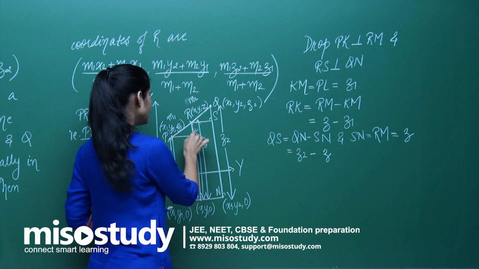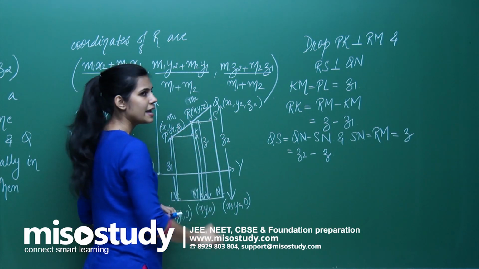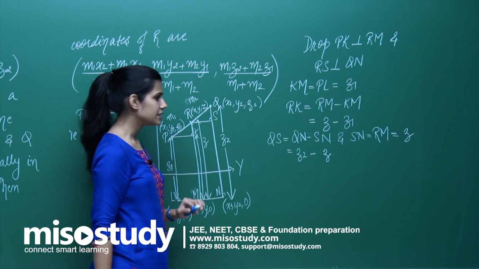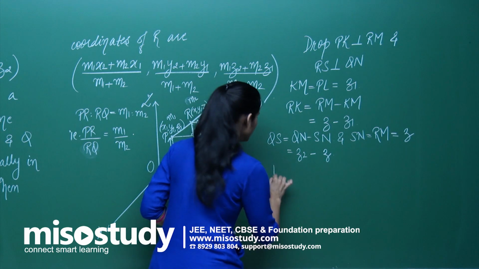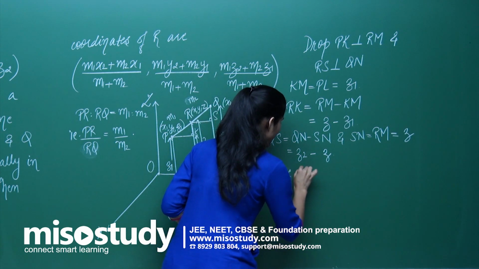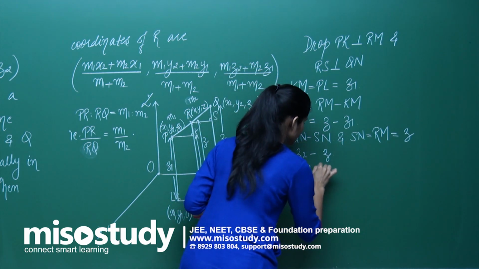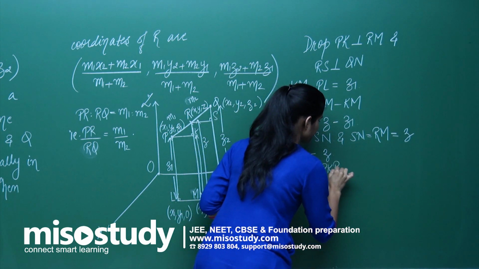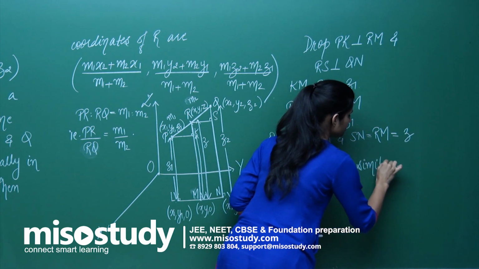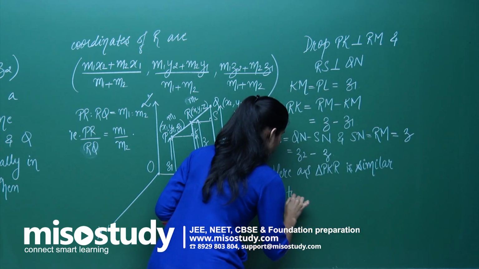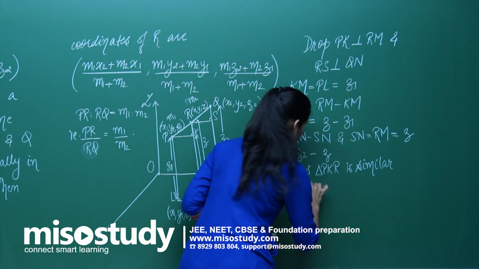This is a right angle, these are corresponding angles, and therefore AA similarity applies and these two right angled triangles are similar. So triangle PKR is similar to triangle RSQ.